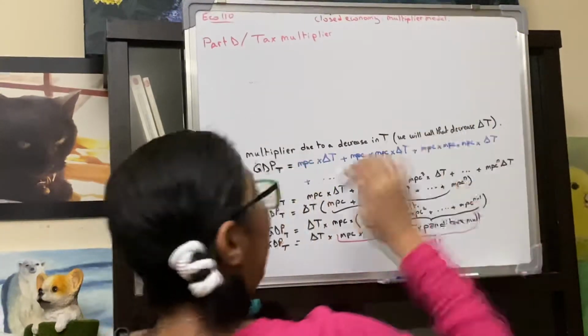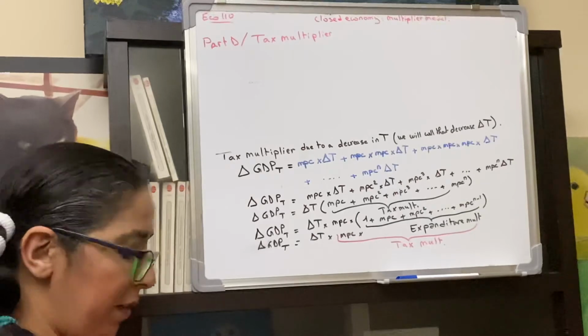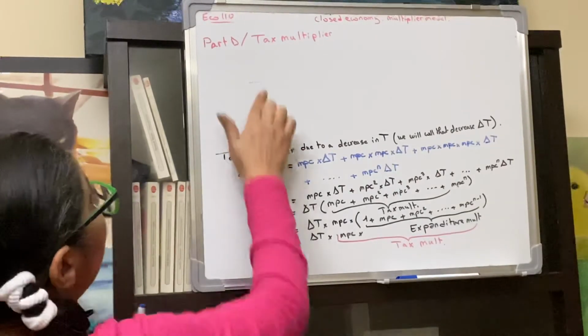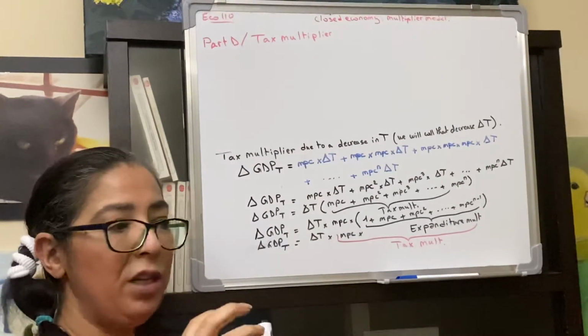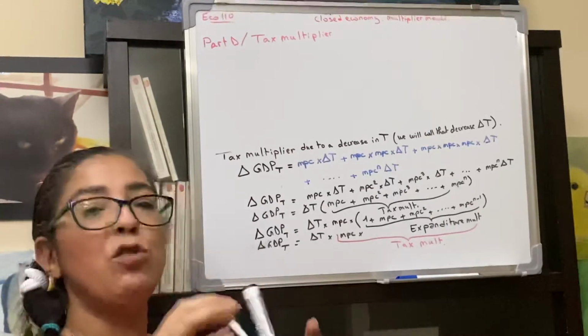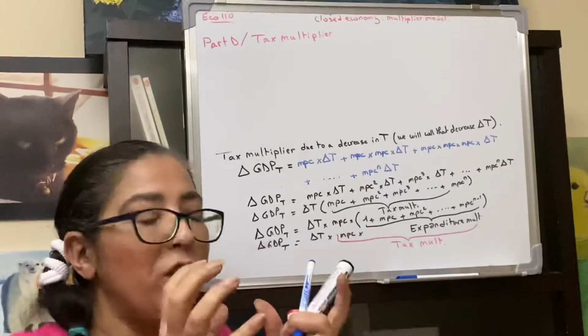Tax multiplier is always smaller than the expenditure multiplier. Because for the expenditure multiplier, you always start with all the change you have in investment or in government. For the tax, you don't start with the whole change.